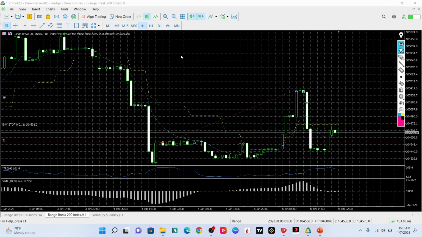Once again, the stop loss equals 1.5 times the ATR value. Then the take profit can simply be equivalent to 2 or 3 times, probably 3 times, the ATR value.